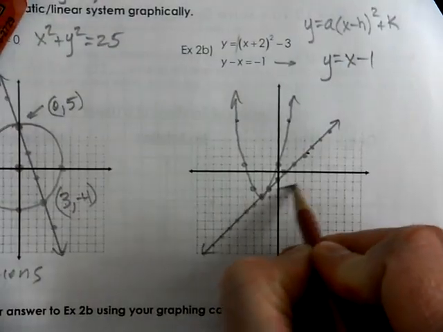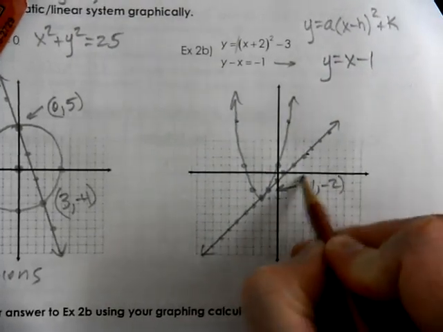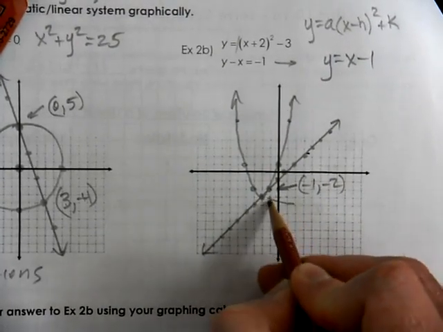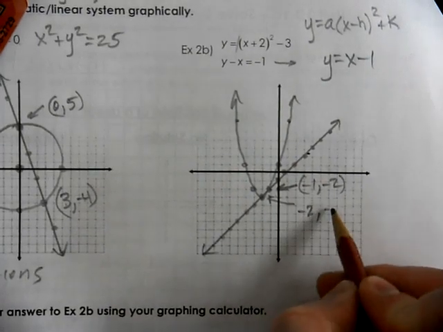And this is going to cross here at -1, -2. And of course, it's also crossing at the vertex, -2, -3.